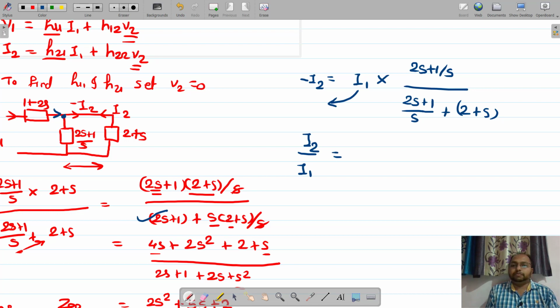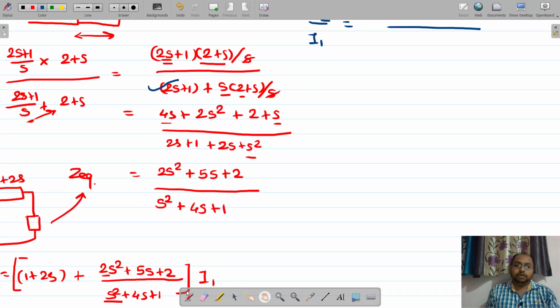Got it? Okay, so let us take this term I1 to the left hand side, so I2 by I1 is equal to minus, I have transferred this minus sign to this one, 2s plus 1 divided by s, and we have already calculated this one, this is nothing but the denominator. Are you getting it? So let me write it directly as it is. S square plus 4s plus 1, and that is also divided by s, right?